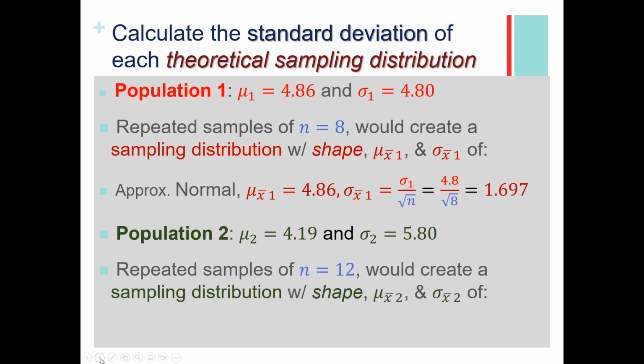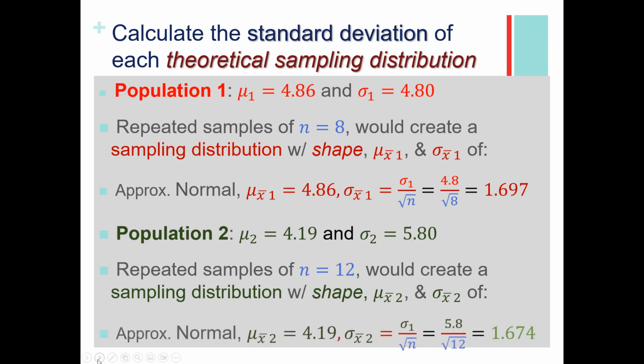Since this population itself was approximately normal, even though we don't have a sample size greater than or equal to 30, this new sample distribution will still be approximately normal, centered at our population mean of 4.19, with a standard deviation of our population standard deviation divided by the square root of our sample size. So for this one it will be a standard deviation of 1.674.